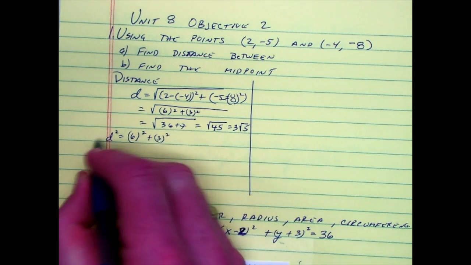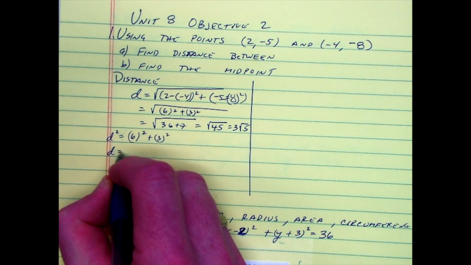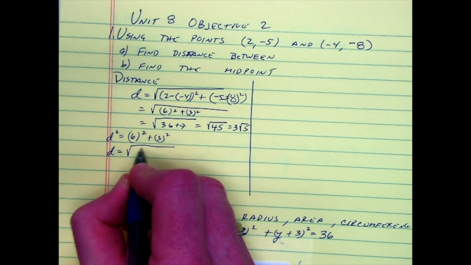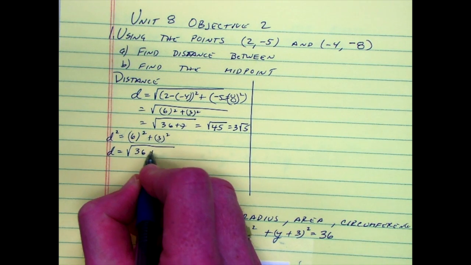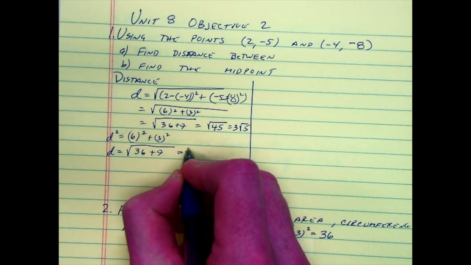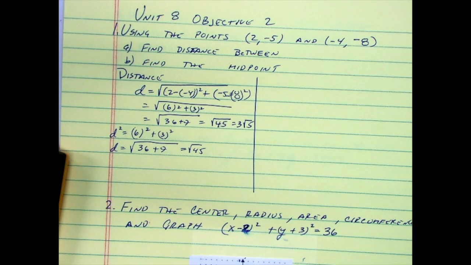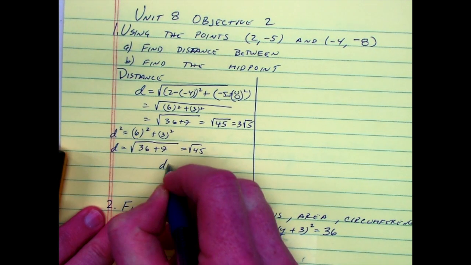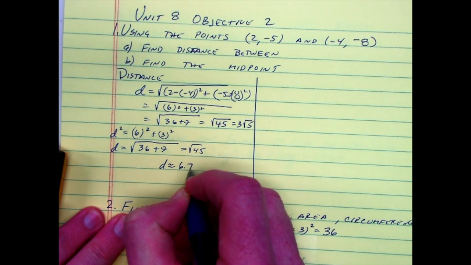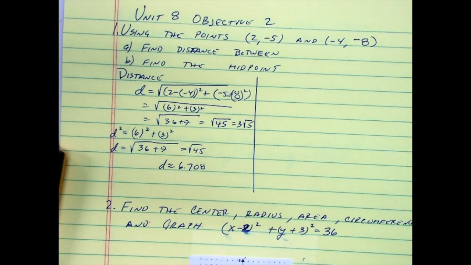And I'm going to bring d over at the same time, or square root at the same time. Square root of 36 plus 9, again, is the square root of 45. Okay? If we get a decimal approximation for it, it's 6.708 units. Okay, so that's how we find the distance.